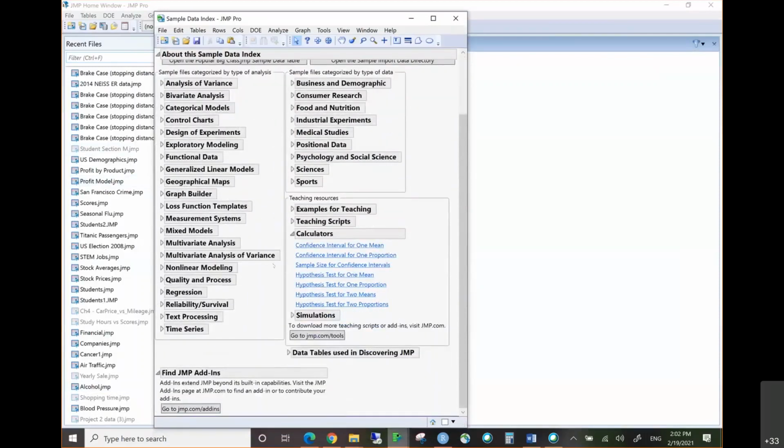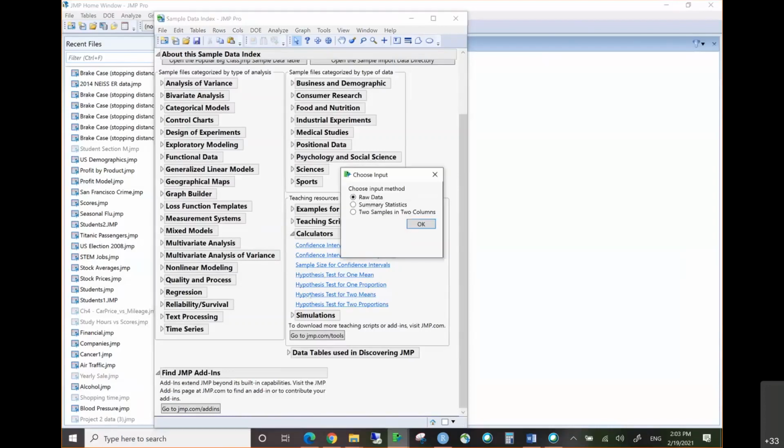In these calculators, we have already tried the confidence interval for one mean, the confidence interval for one proportion, the hypothesis test for one mean, and the hypothesis test for one proportion. Now we can try the hypothesis test for two means to compare the two population means.